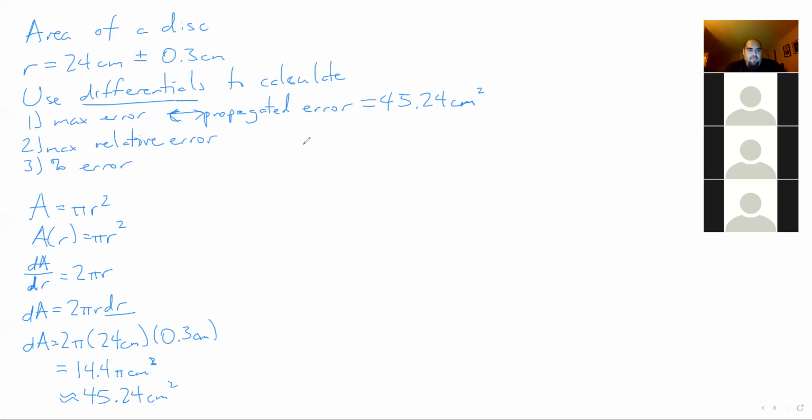Is the relative error over what would be the correct error? Right. So basically, that 45.24 centimeters squared, I have no idea how significant that is. It might be really bad. It might be totally reasonable. To have a better idea how to get that, I want to compare that.